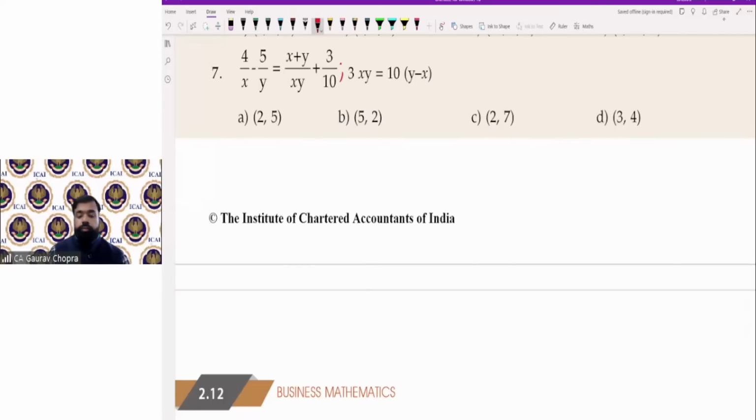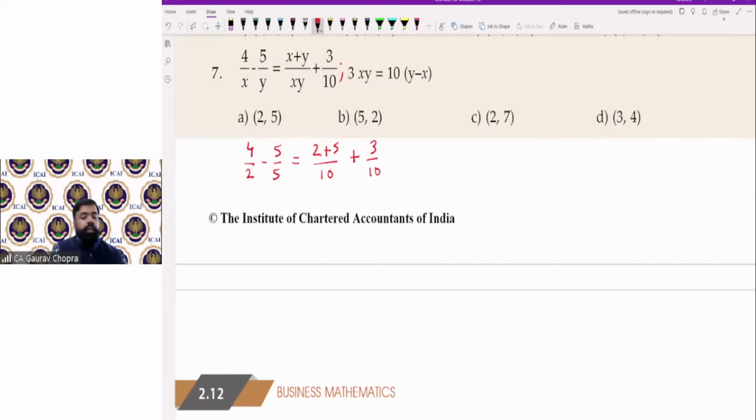Come on, everyone. So Om Gupta has given option number A, that is 2, 5. So 4 by x, that is 4 by 2, and 5 by y, that is 5 by 5. Let's check. 4 upon 2 minus 5 upon 5 is equal to 2 plus 5 upon 2 into 5, which is 10, plus 3 by 10.